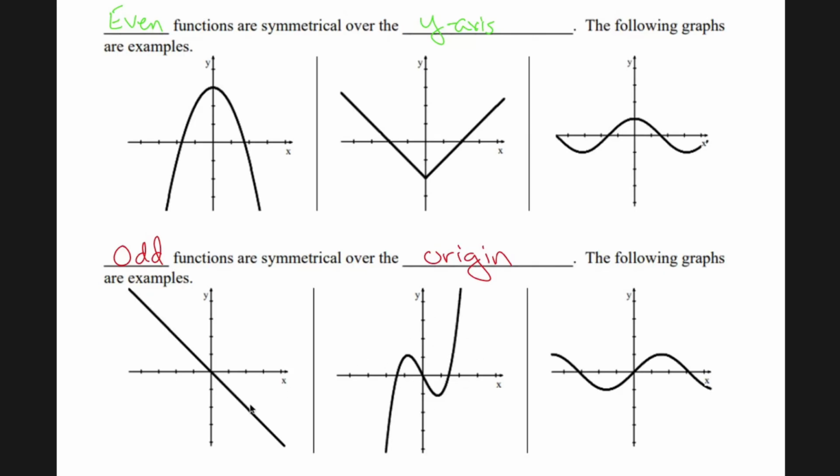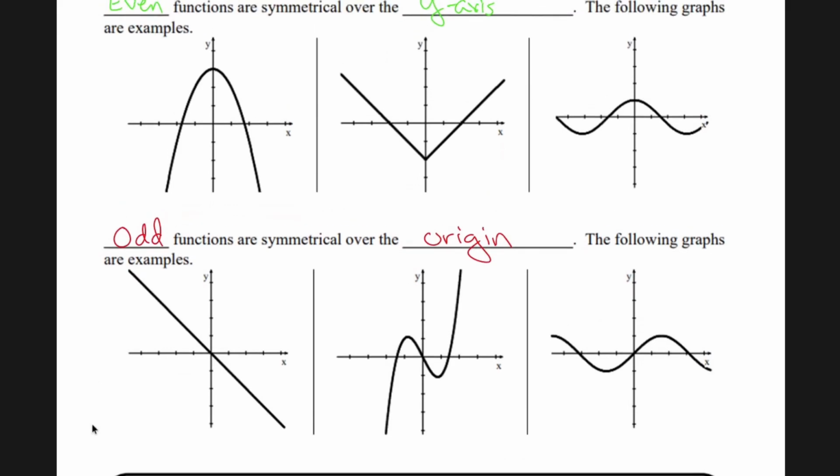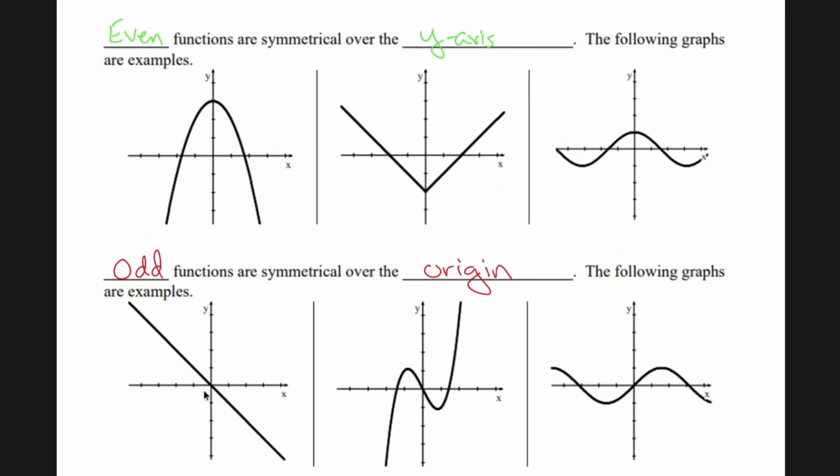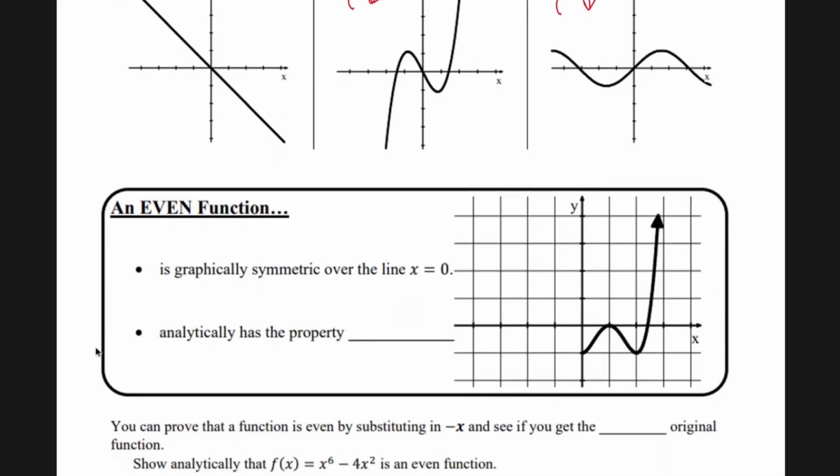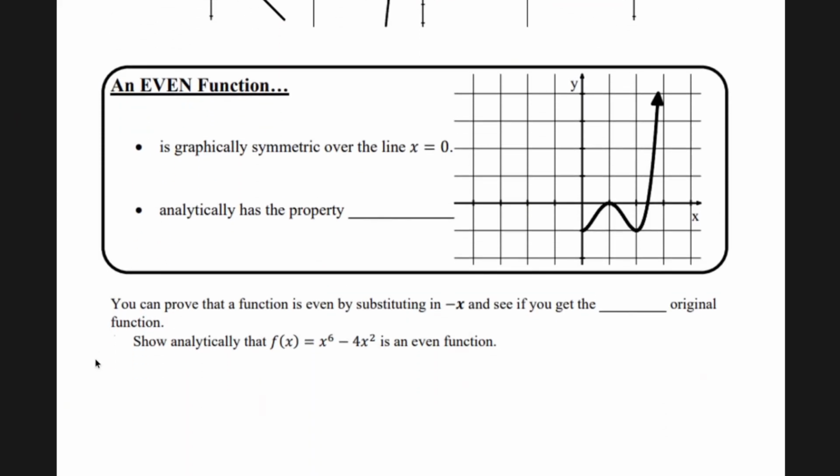To me, the best way to visualize an odd function is if you were to take this guy and spin it upside down, do you get the same image? You do. If you take this guy and spin it upside down, would you get the same image? Yes, you would. So that's how I view an odd function. I don't like saying it's symmetrical over the origin, but technically, you're right.